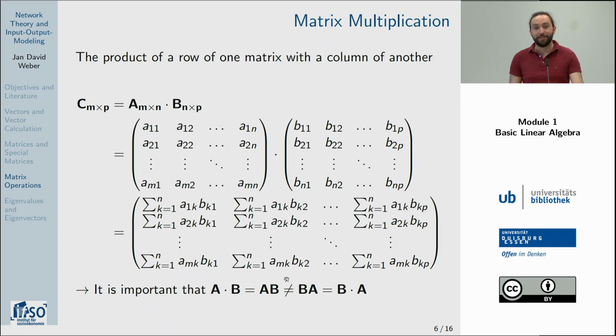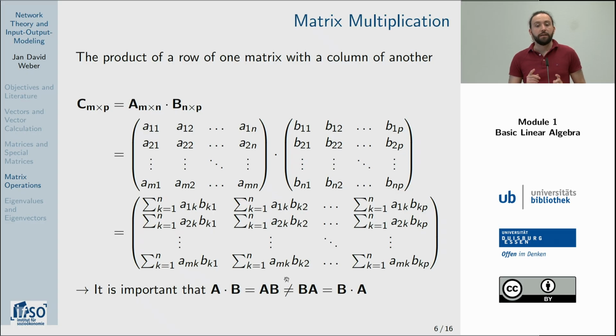We have matrix multiplications. You see this in the first line here: to get to the matrix C with the dimensions M cross P, you want to multiply the matrices A and B to get to that C. The matrix A must have the dimension M cross N, and the matrix B N cross P. So be really, really careful here.